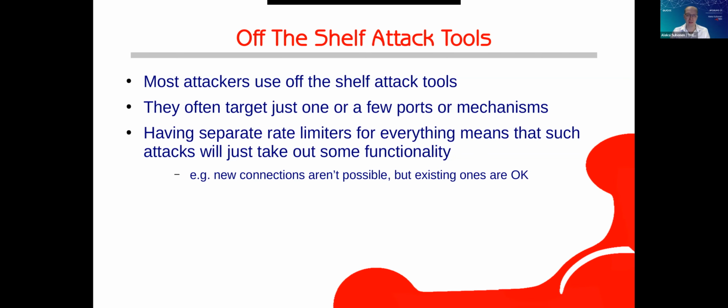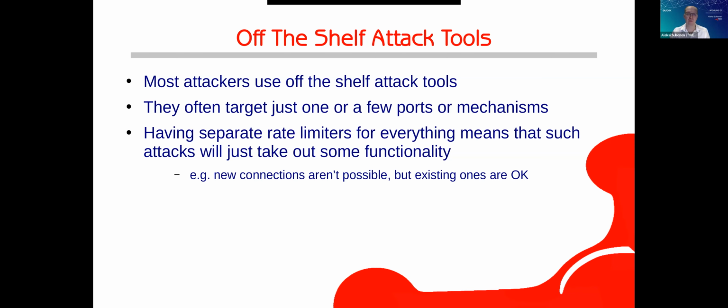And what that means is they often just target one or a few mechanisms, like just an ICMP flood or ICMP Smurf attack or UDP flood or TCP SYN flood or whatever. But it's only a subset of these attack mechanisms.